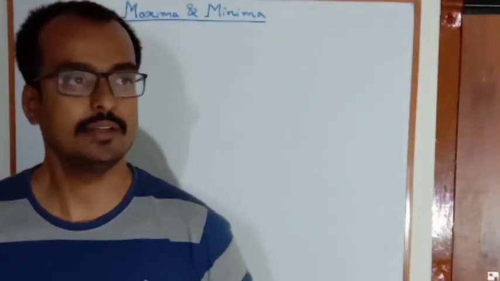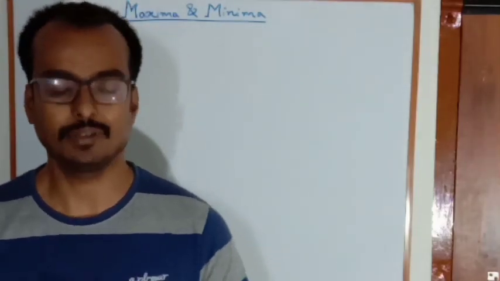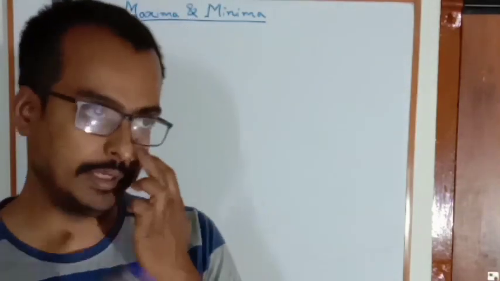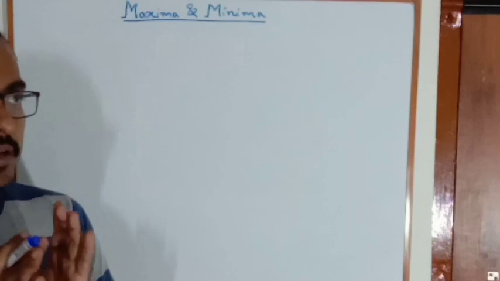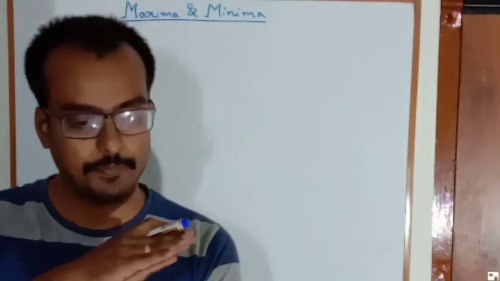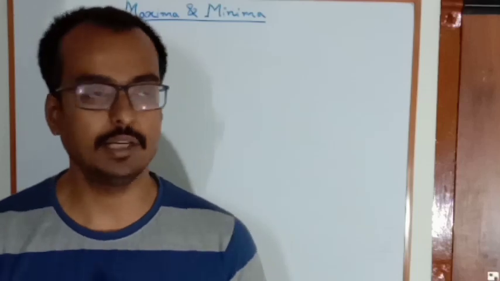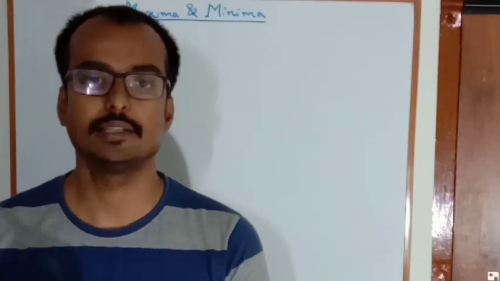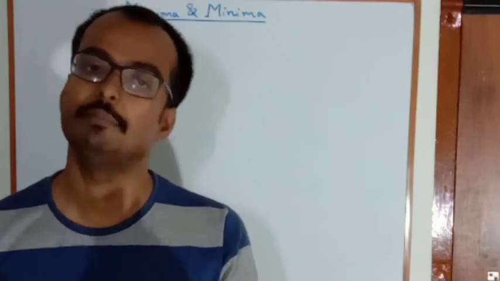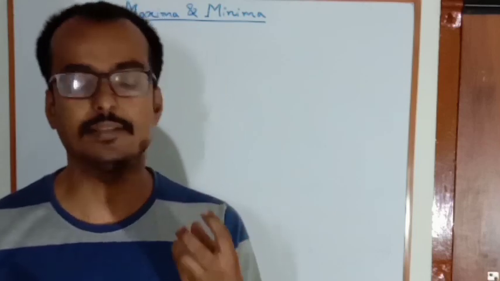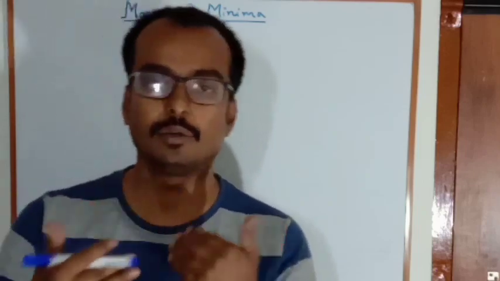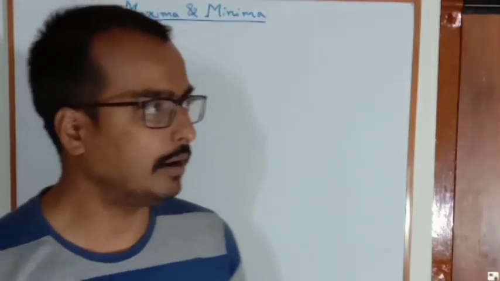I am sure that you know how to maximize, how to minimize. Now I'll be going to the economic application part. One by one, I'll be going to various types of economic fields where this maxima minima maths is applicable, and you can find out the solutions out of that.